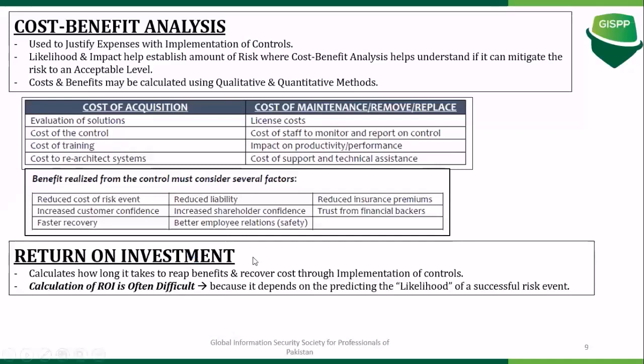In this case, what you need to understand is that the ROI will not necessarily be calculated in financial terms. It will be evaluated more in a qualitative manner.